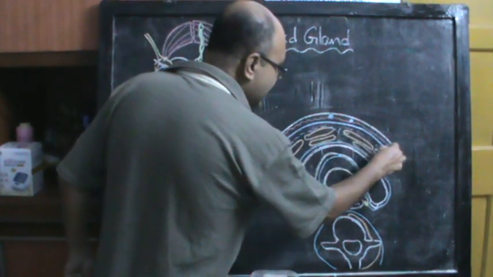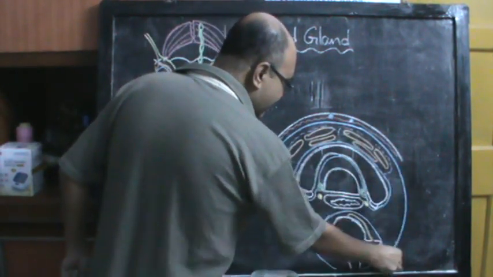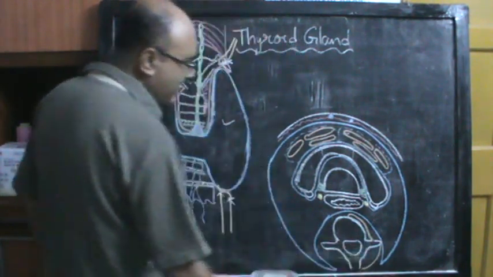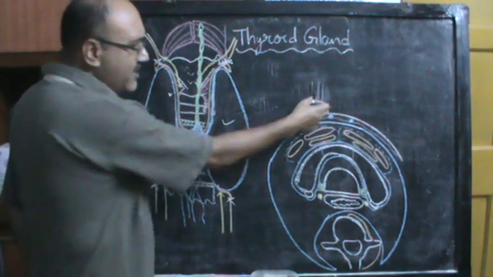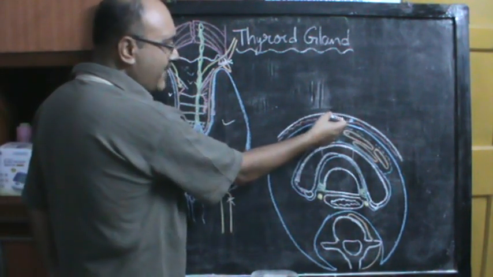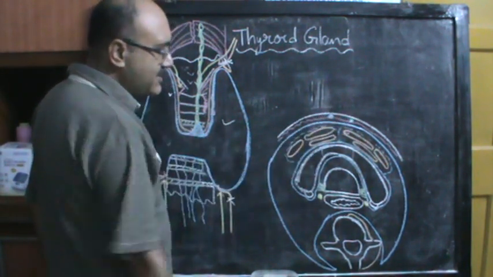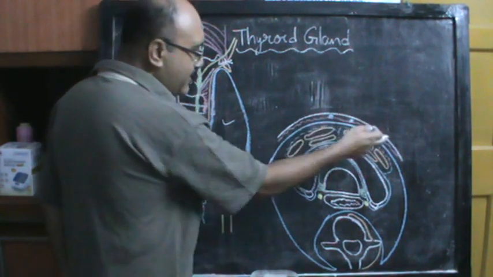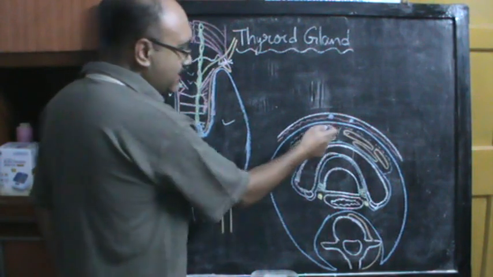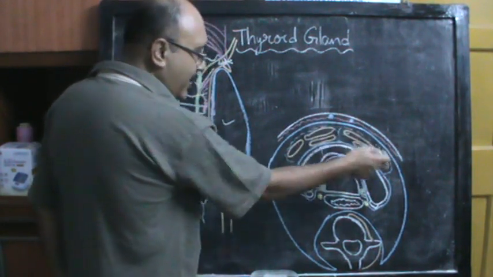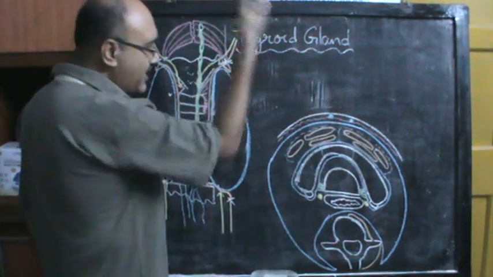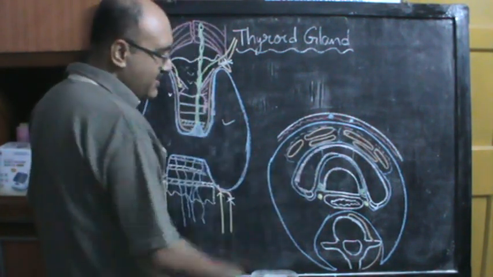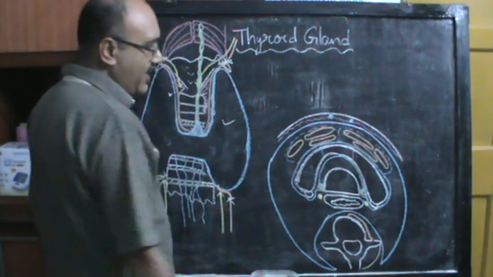So this is the investing layer of the deep cervical fascia, posteriorly blending with the prevertebral layer of the deep cervical fascia. So skin, in the subcutaneous tissue you have the platysma muscle, the anterior jugular veins, investing layer of the deep cervical fascia, followed by the infrahyoid muscles, the sternohyoid, omohyoid, sternothyroid over here, and its continuation as the thyrohyoid muscle.